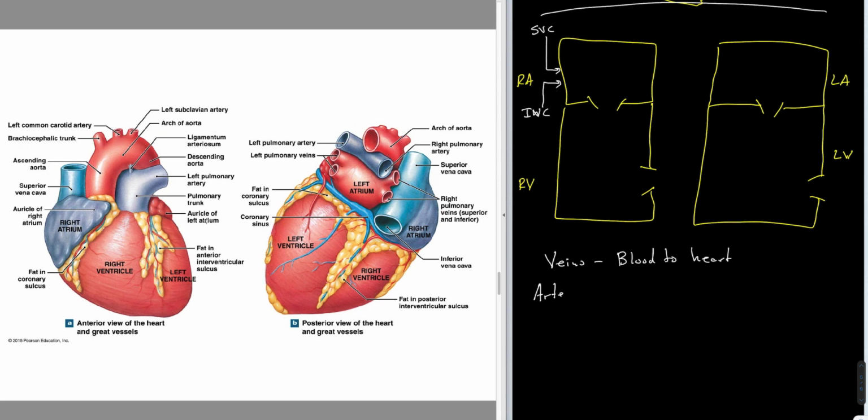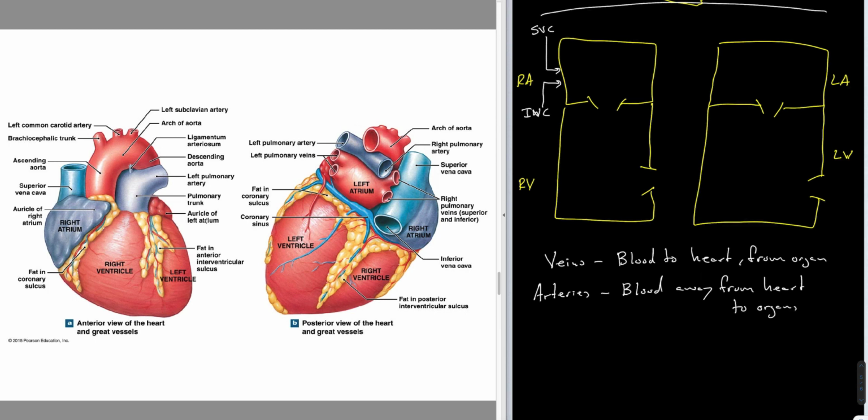Arteries bring blood away from the heart. So the veins are bringing blood to the heart from organs, where the arteries are taking blood away from the heart to organs.